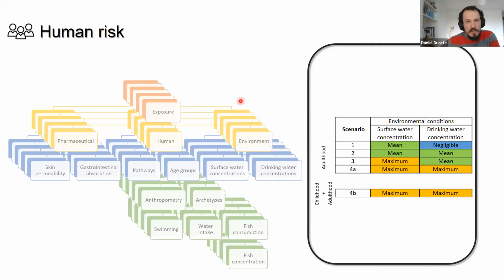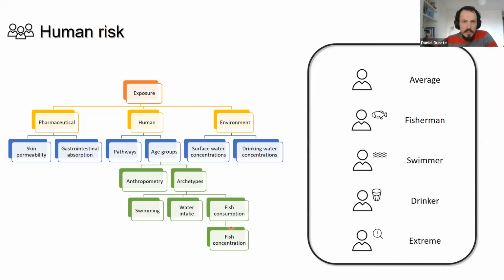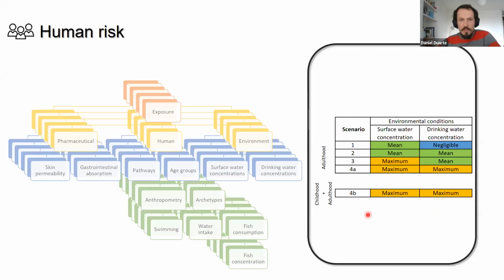Furthermore, we've considered 5 exposure scenarios. So the diagram that you've seen before, right here, was basically cloned 5 times for 5 different exposure scenarios, which simply means that we've considered different environmental conditions for surface water concentrations and drinking water concentrations.